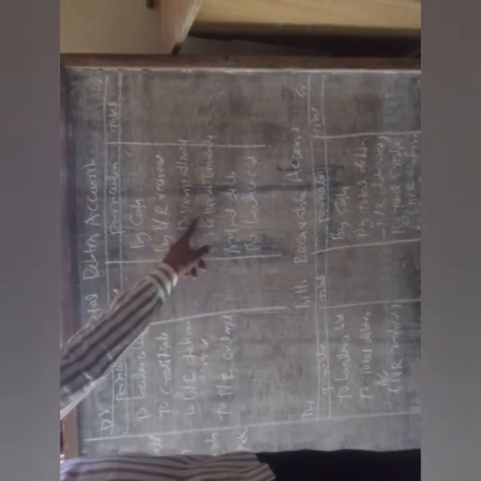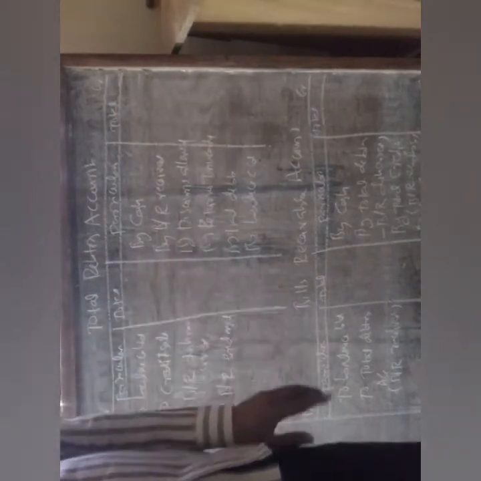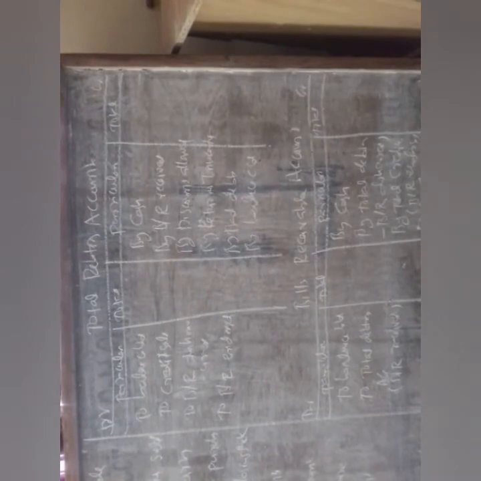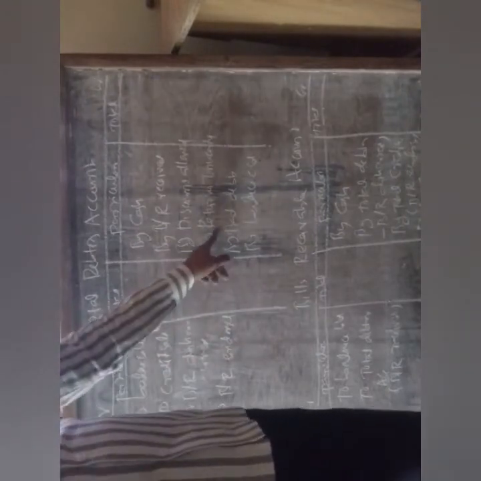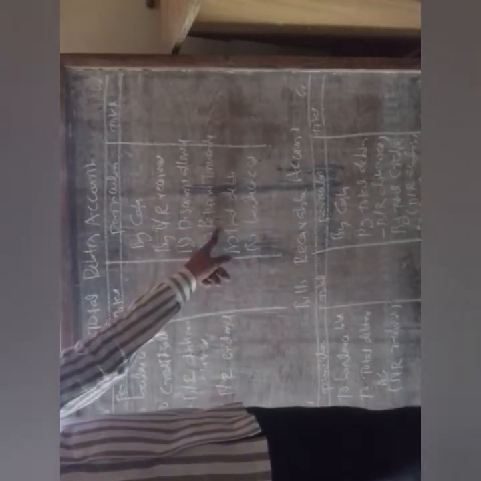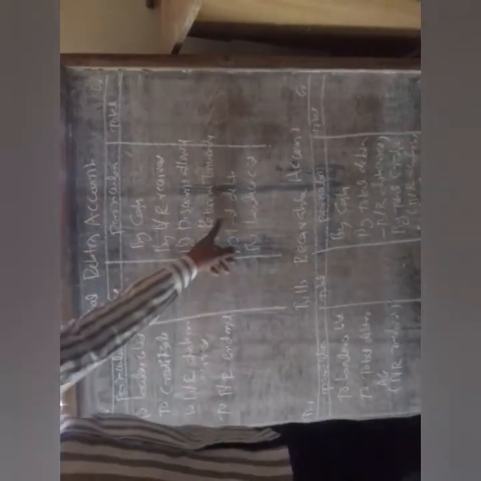The same with returns inwards: debtors who purchased goods on credit may return some goods, and that comes under returns inwards. Next, bad debts. Bad debts means those who purchased on credit are not able to pay any amount, so we write that on this side. Next, the balance. This is the closing balance of the debtors. This is about the total debtors account.